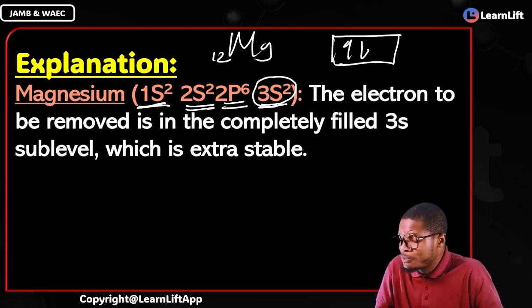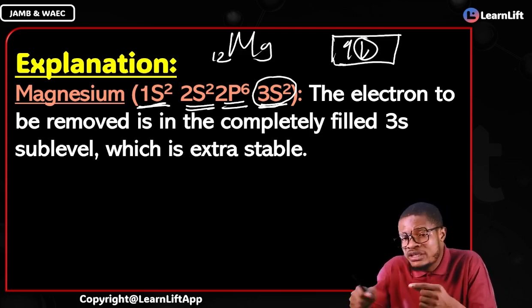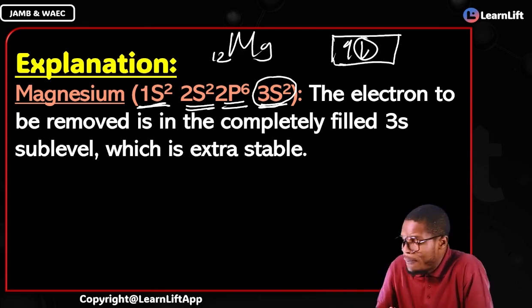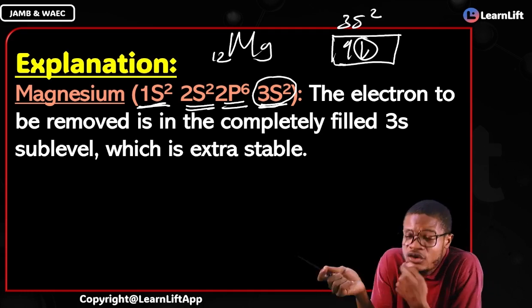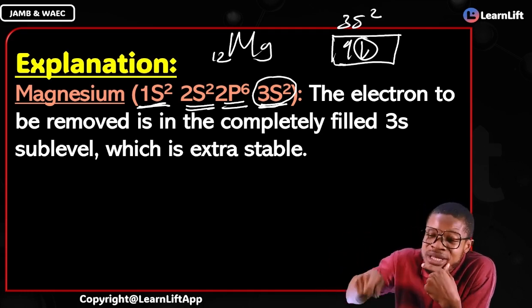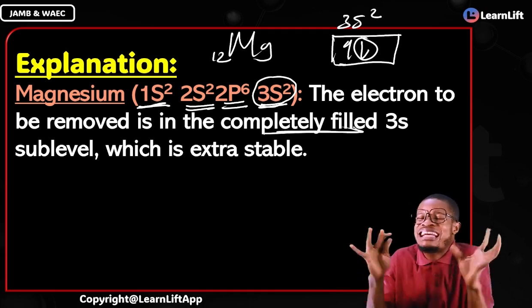One will spin up, the other will spin down. The electron that you want to remove is one of the electrons in that 3s orbital. Don't forget that the 3s orbital itself is completely filled.